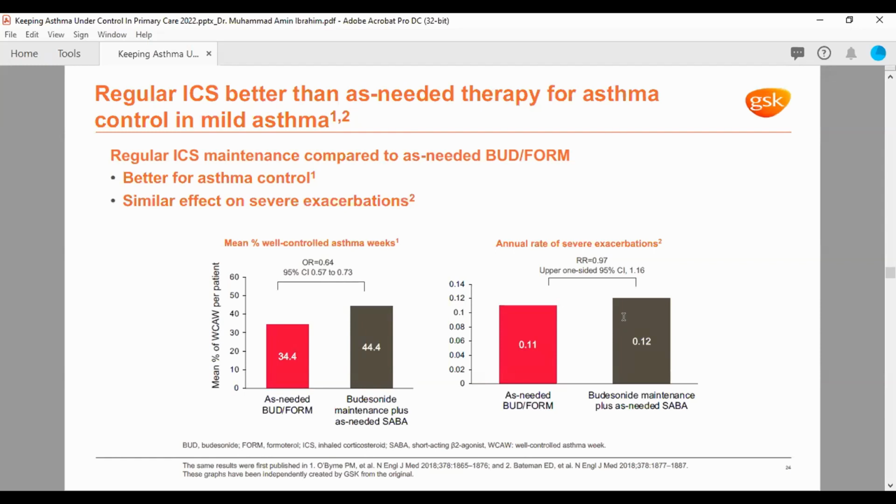In terms of annual rate of severe exacerbation, between regular budesonide and budesonide formoterol PRN therapy, there's no significant difference. What does it conclude? By giving regular ICS, we have better symptom control compared to PRN budesonide formoterol. In terms of exacerbation, there is no difference between these 2 arms.